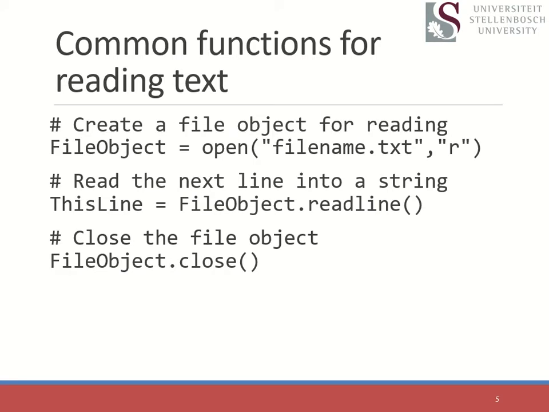In keeping our discussion of Python parallel to what you'd see in a lot of other languages, I wanted to walk through some of the basic functions you would see. If you are trying to create a file object so that you can get access to the contents of a file, you might call it file object here. In this case, you would use the open function that's built into Python, and you specify the file name associated with it.